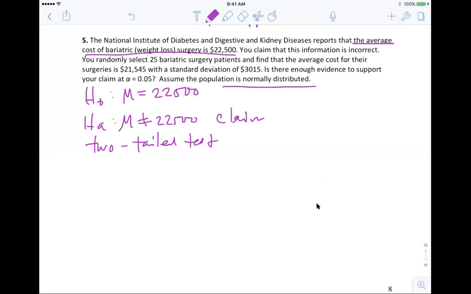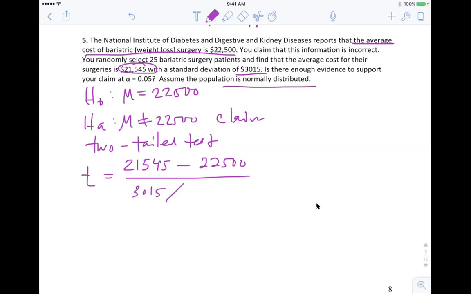Population is normally distributed. Step 2 is verified. So step 3, we've got to do a t-score. So I'm going to find my x bar. There it is, the mean of the sample, 21,545. Population mean is what's given in the hypotheses. Let's see, we need an s, sample standard deviation. Notice that is a sample standard deviation because it's based off of the sample of 25.